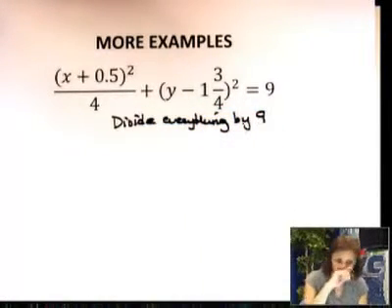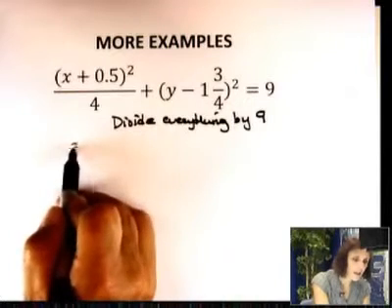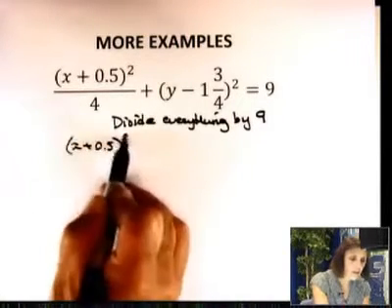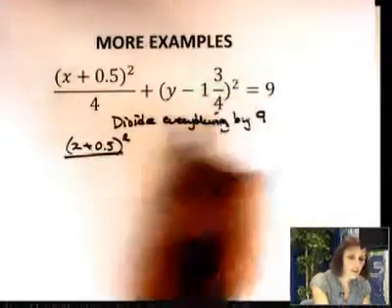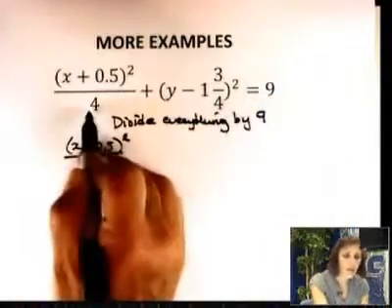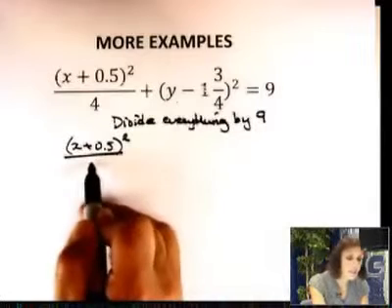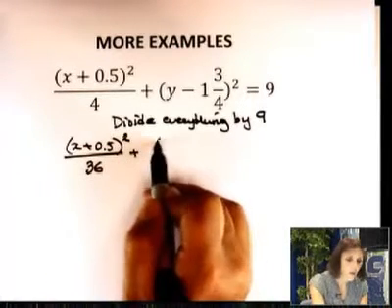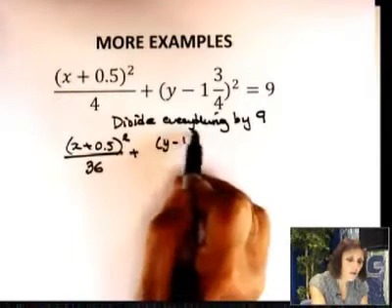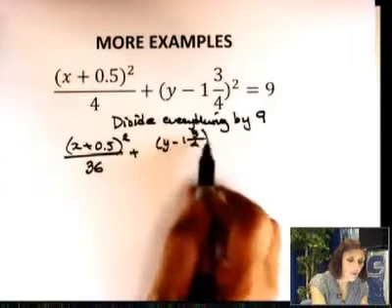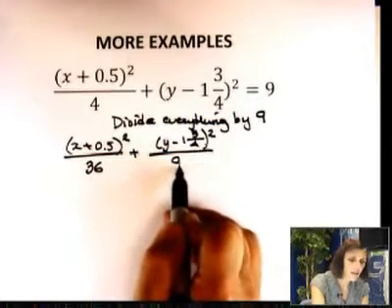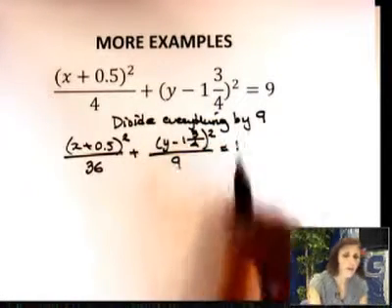All right? So when you do that, you get x plus 0.5 squared. You divide everything by 9, so you already had a 4. 4 times 9, that's 36. Plus y minus 1 3/4. And I divide that by 9, so you have a 9 here, equals 1.